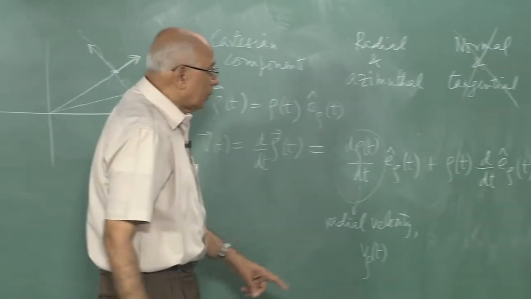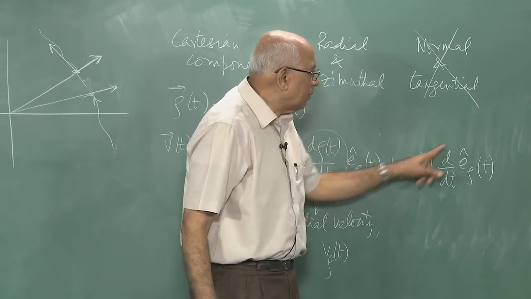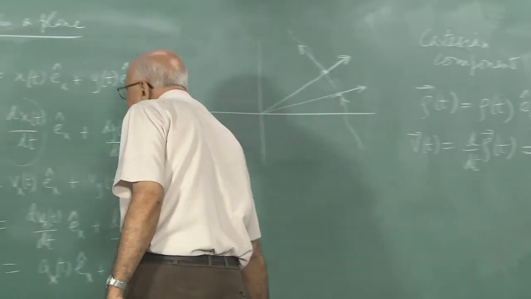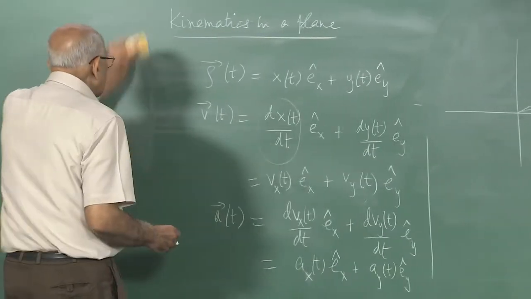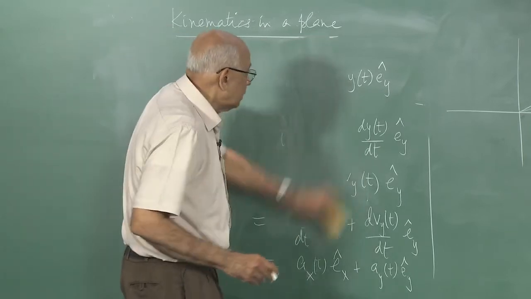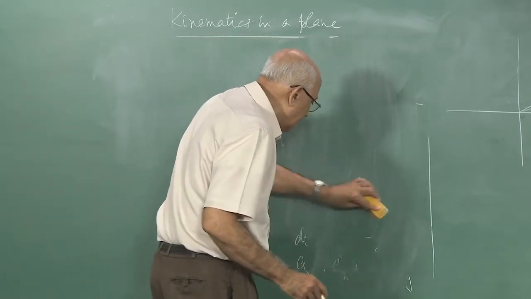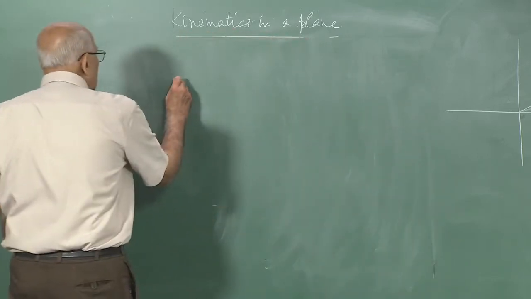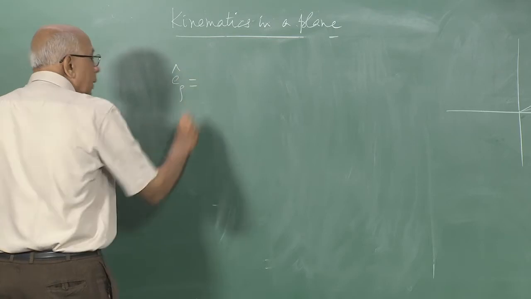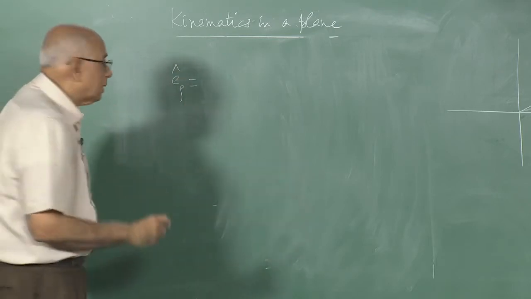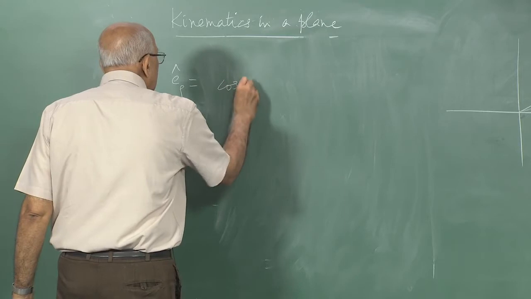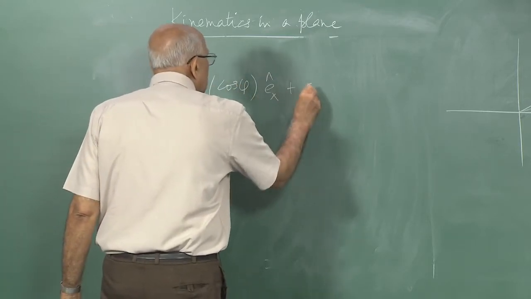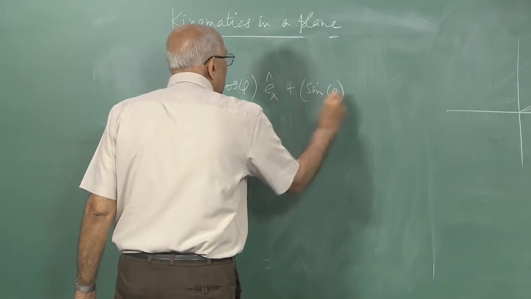But now we are left with the question of finding out what is the time derivative of this quantity here. How are we going to do this? Well, for that we need to take recourse to the fact that the unit vector in the radial direction, e rho, we wrote it down in Cartesian components. So we had cos phi times ex plus sin phi times ey.